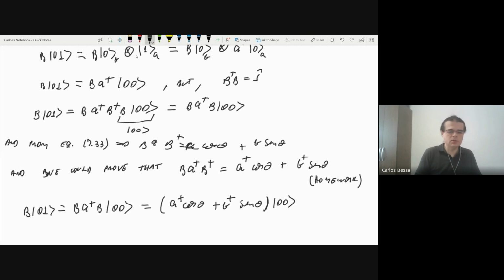So this is just A dagger 00 cosine plus B dagger 00 sine.